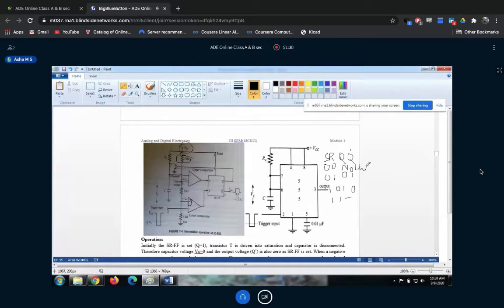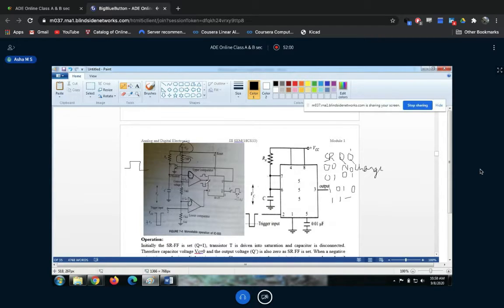Coming to the working of the comparator, you will have only 2 states, high state and low state, so only 2 outputs. If the voltage applied at the positive terminal is more, then it will have high output. If the voltage applied at the non-inverting terminal is more, then it will have low.